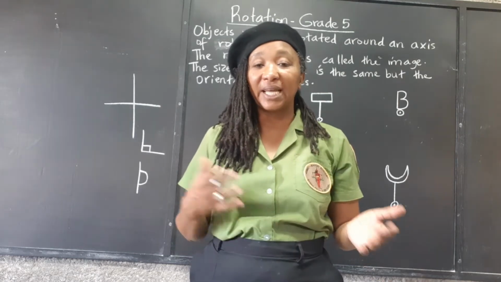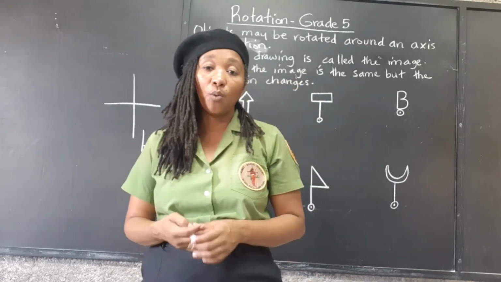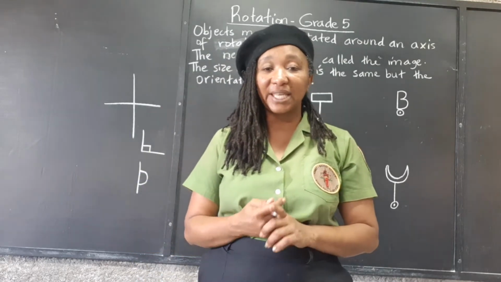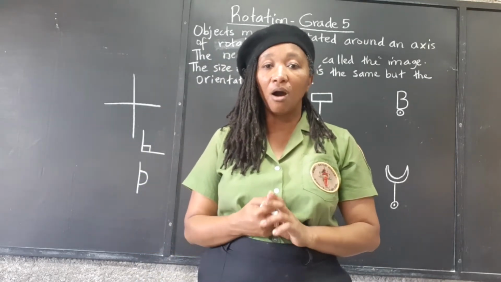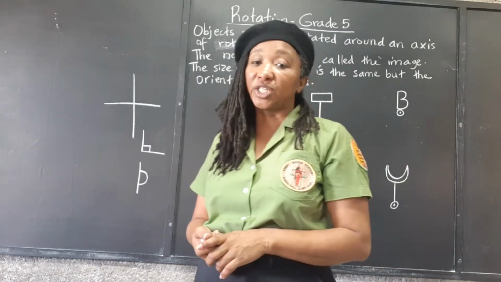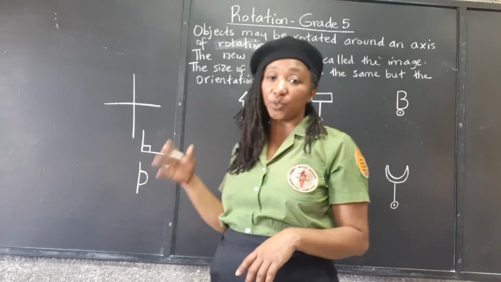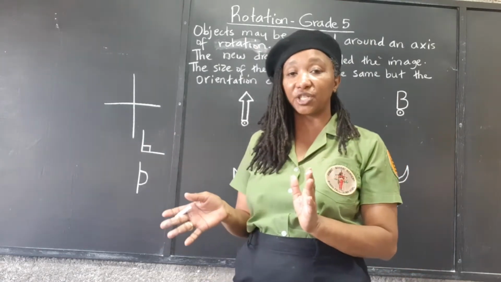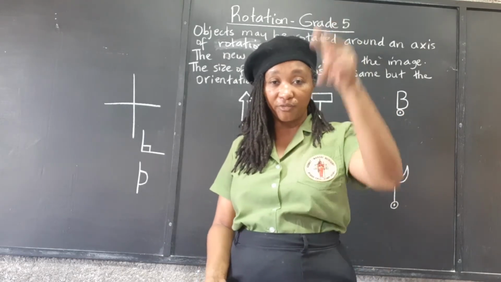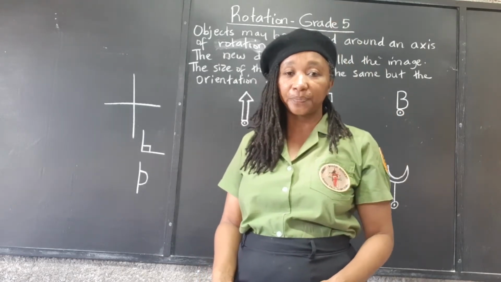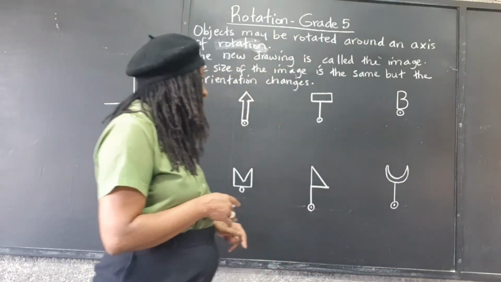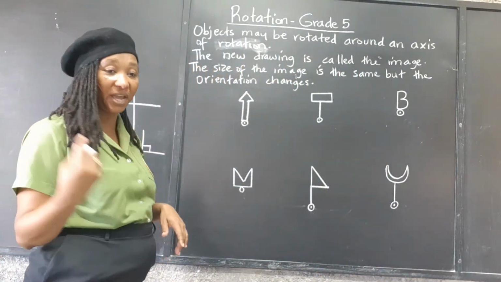So the object and the image are the same size, but what really changes in the rotation is the orientation of the image. Depending on which angle we're rotating it to, whether it's a 90-degree rotation or 180, which would be a straight line down from the original, the orientation will be different. So let's see how the orientations vary.